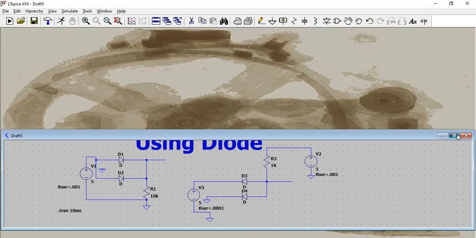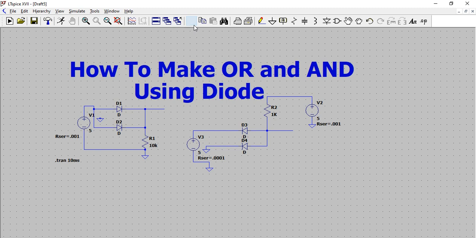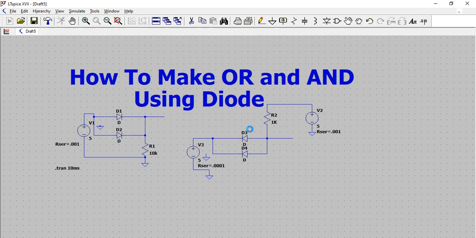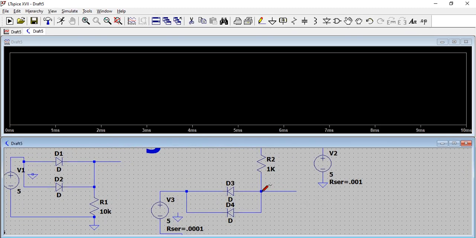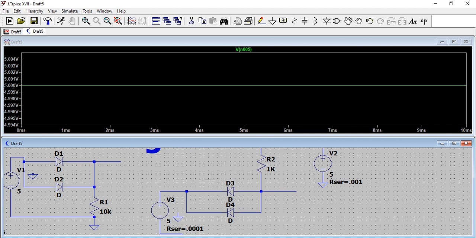Now what we do, we make both inputs high. We connect both inputs to 5 volt. So both inputs are logic 1, so the output should be high. So we see the output will be high. You can see here the output is 5 volt.